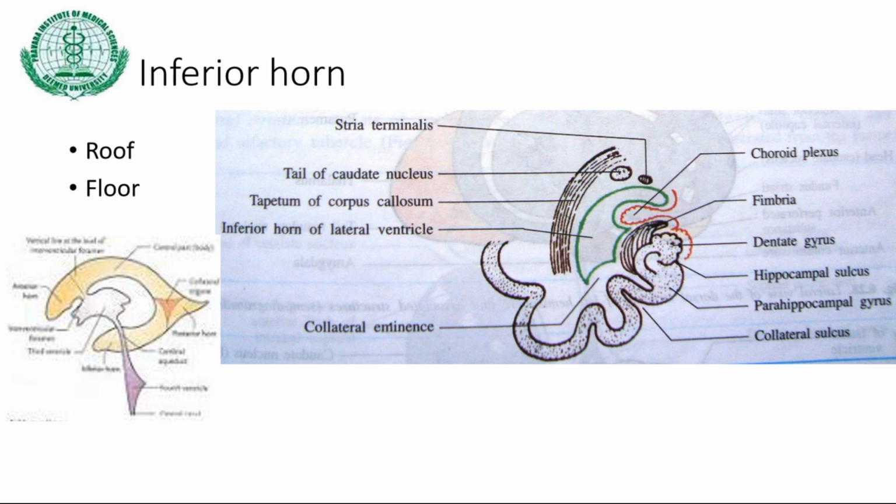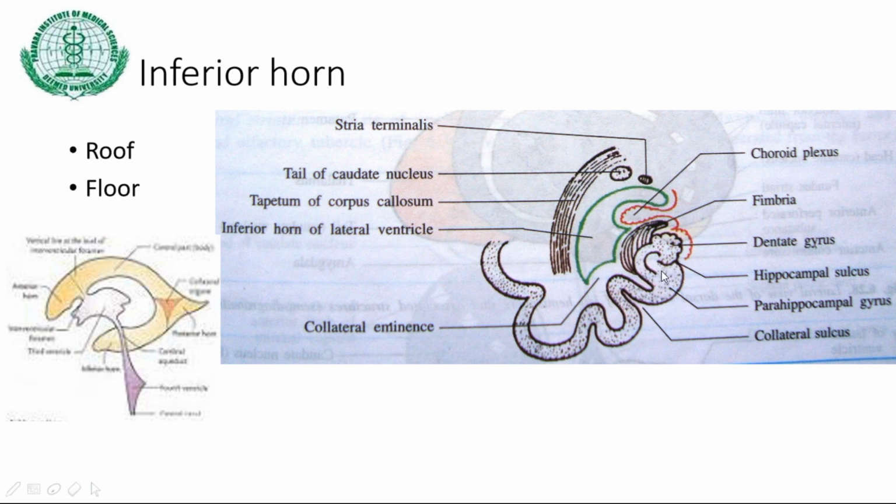The posterior part of this eminence forms a flattened collateral trigone at the junction of the floor of the posterior and the inferior horns. So, a collateral trigone is seen at the junction of the posterior and the inferior horns.